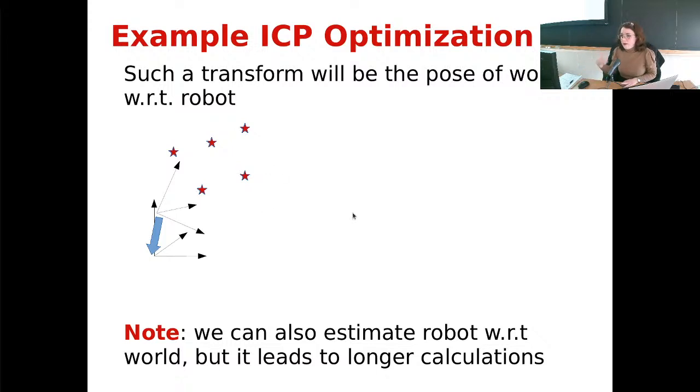So we want to find the transform from the world frame to the robot frame that superposes the points in the world frame to the measurements which are in the robot frame.